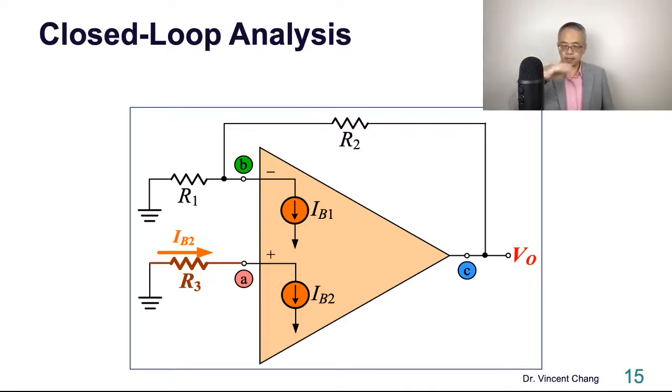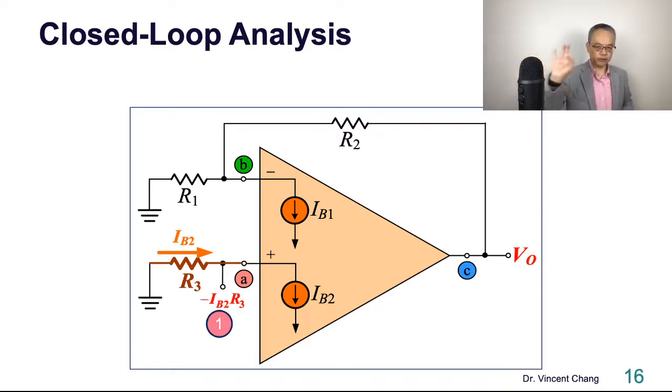So let's do a circuit analysis first, and then I will explain how to choose the value of this compensation resistor. Step 1, find the non-inverting terminal voltage. Easy. Step 2, virtual short.